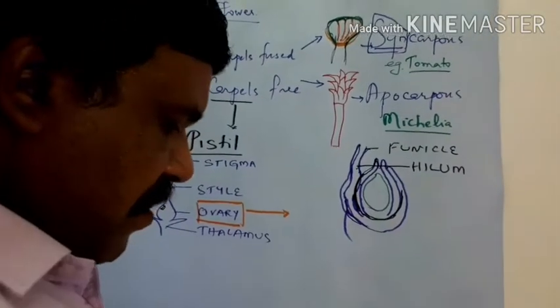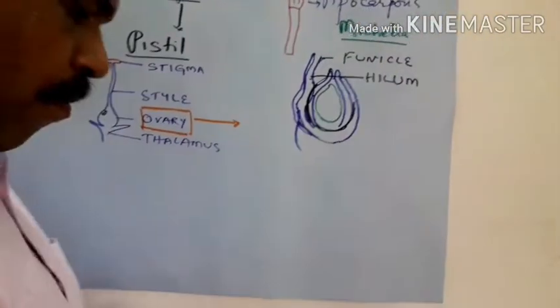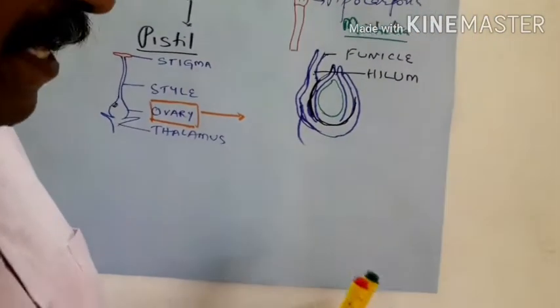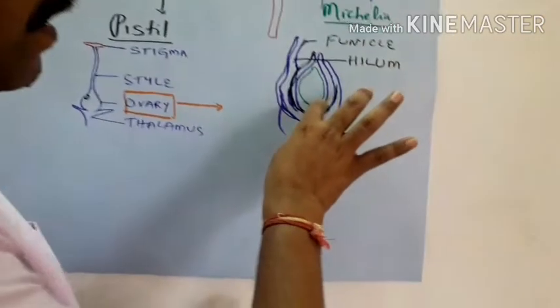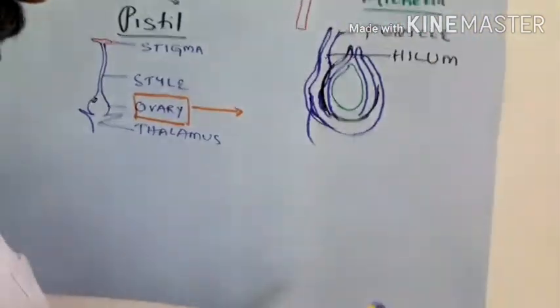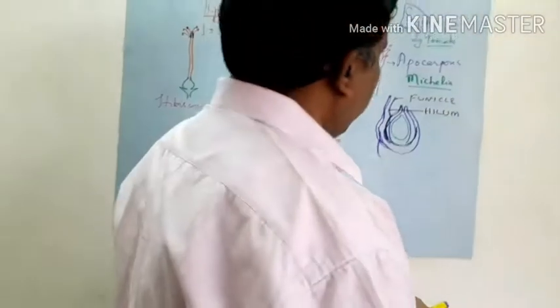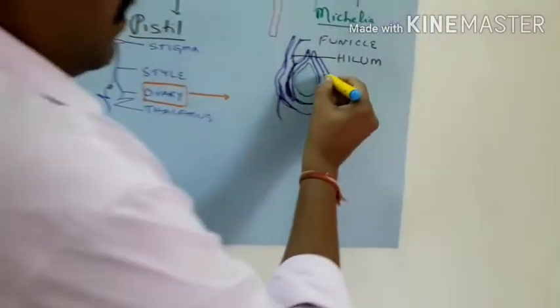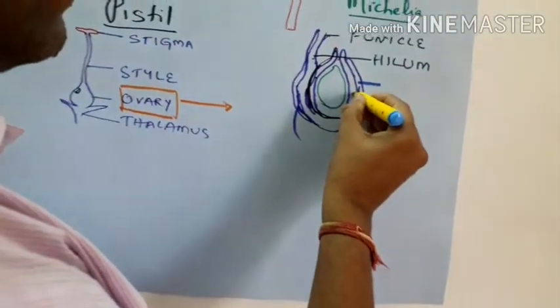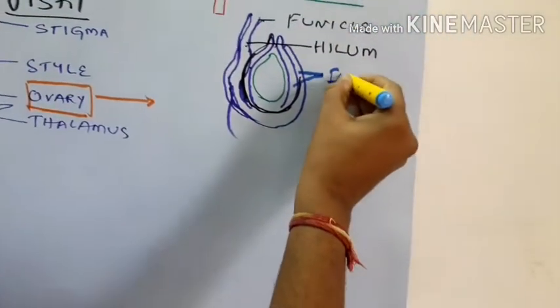And children, you are able to see two layers here, protective layers. This is the ovule structure that you can see here. Now there are two protective structures seen here, an outer structure and an inner structure.